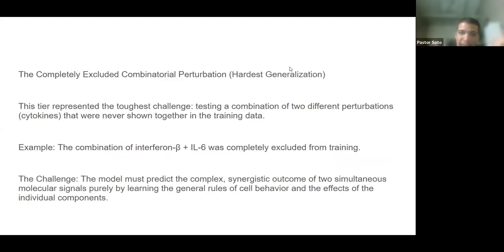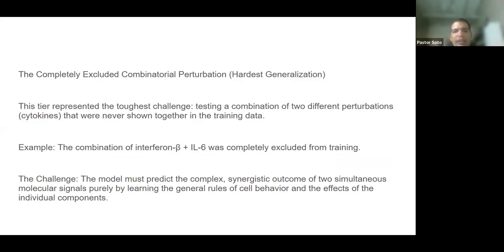And the last one, which is the hardest one, was this. It was testing a combination of two different perturbations that the model had never seen before. As when we saw the data set, we have single perturbations, but we also have combinations of different cytokines.